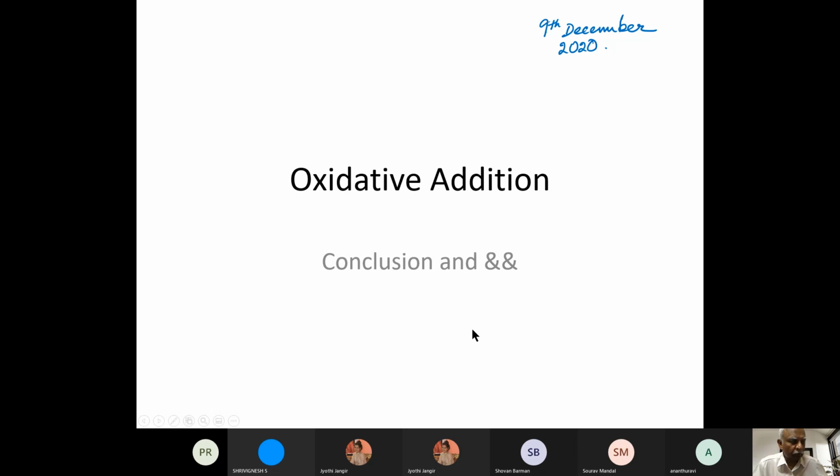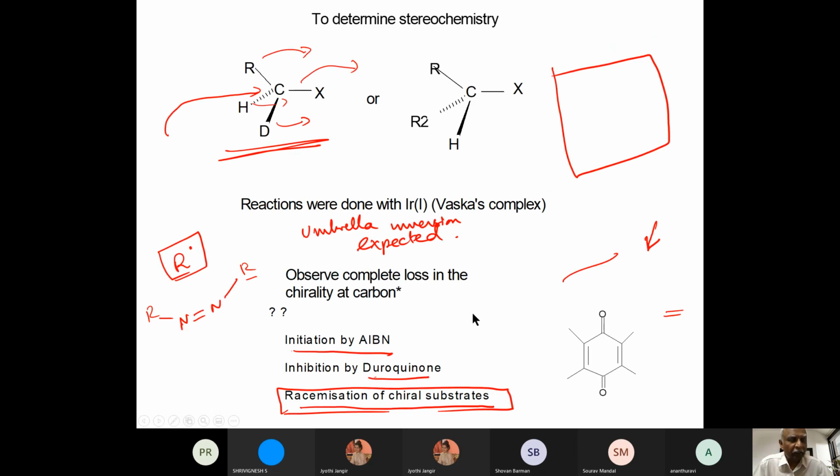There was an SN2 pathway, and the SN2 pathway was studied using Vaska's complex and methyl halides.